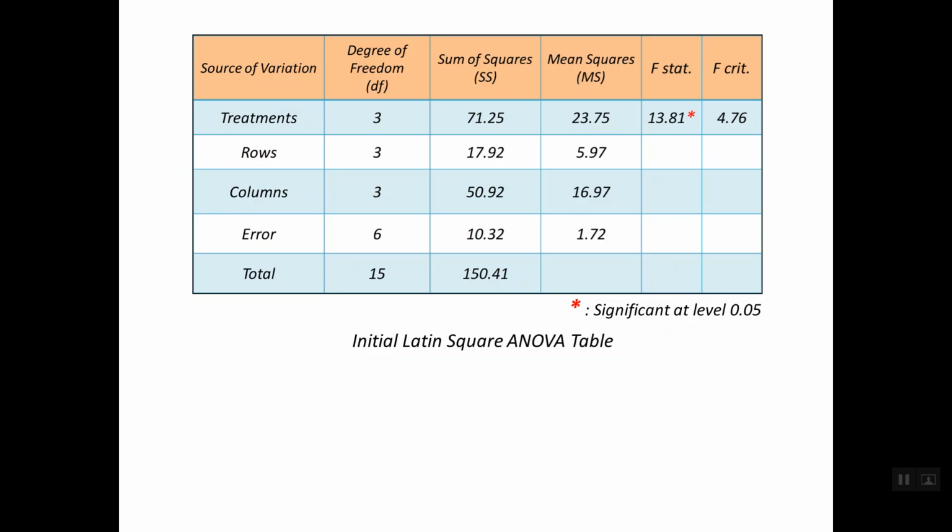So by this calculation, we filled all the needed values for the ANOVA table, but notice that this is an initial table. This is not the final one, simply because we added the estimated value, so we need to make some adjustment or correction.